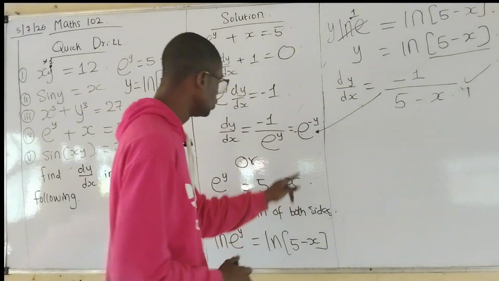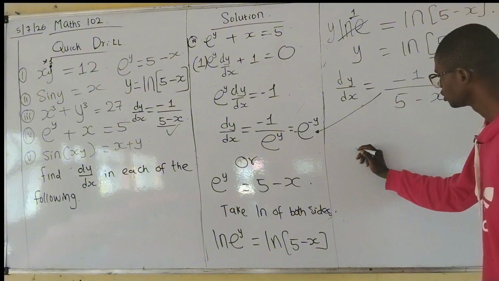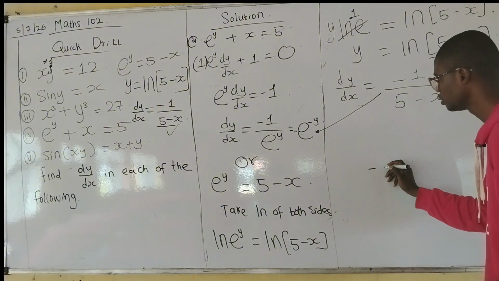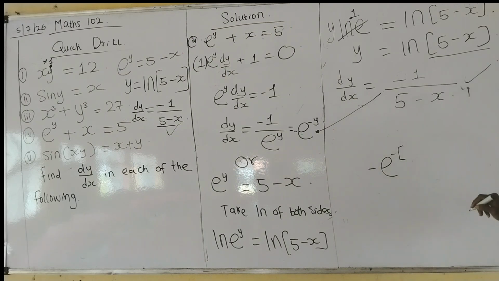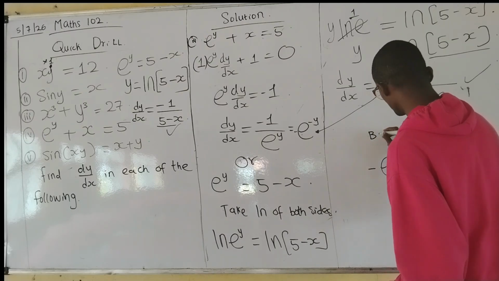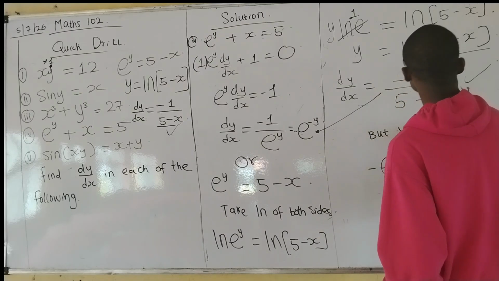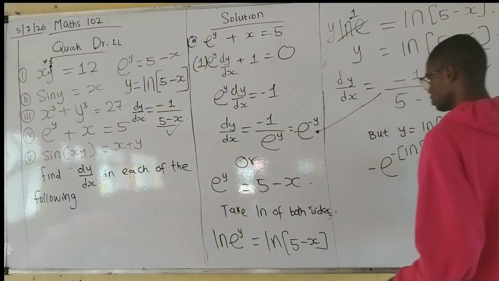Because if you look at this, it is the same thing as saying exponential minus ln 5 minus x. Somebody will ask me, where did you get this? Remember where I got it. I said, recall that y is equal to ln 5 minus x.